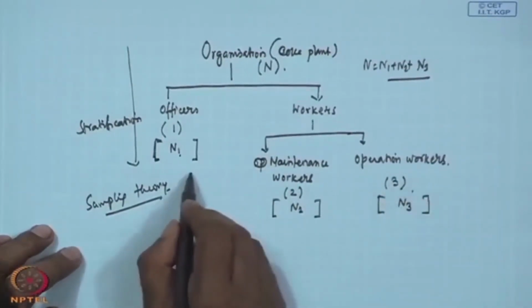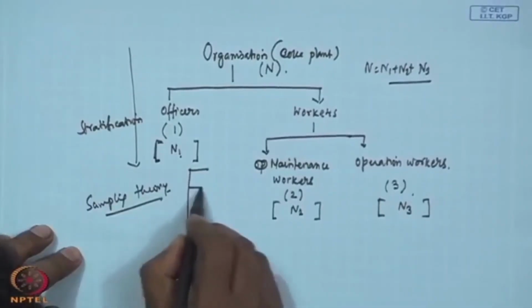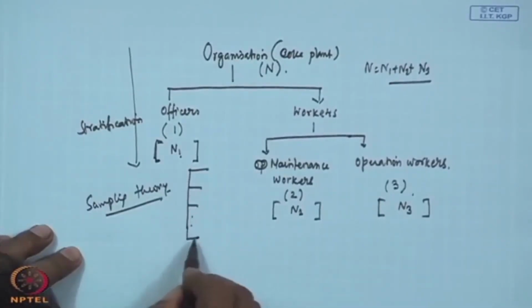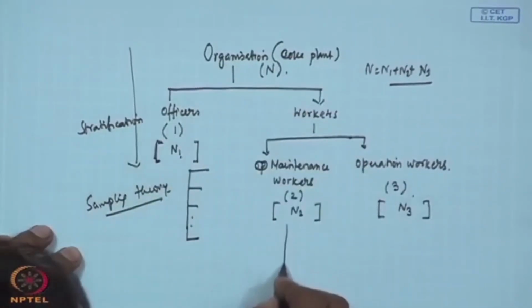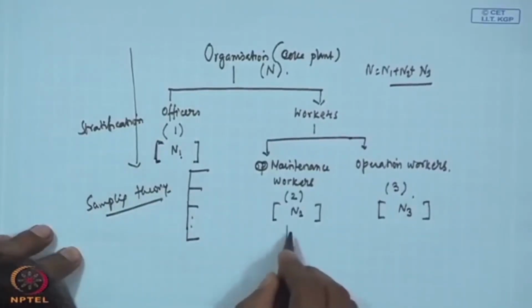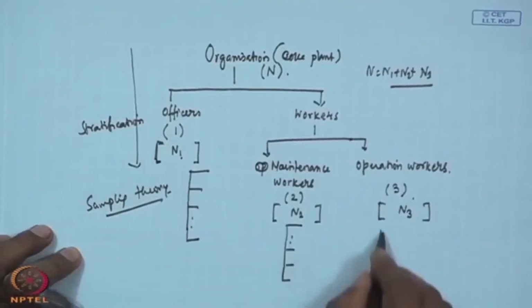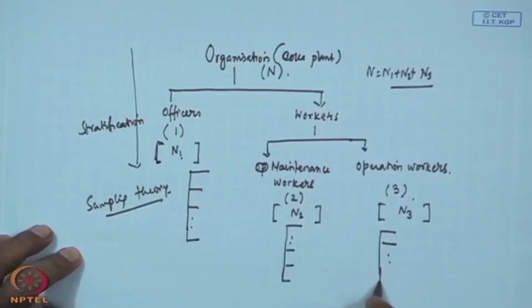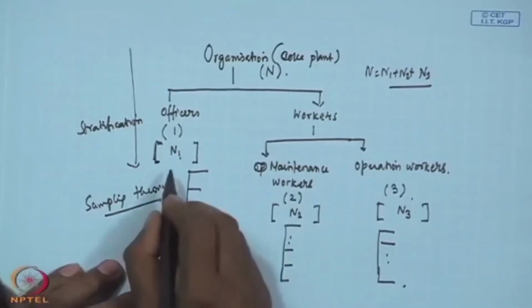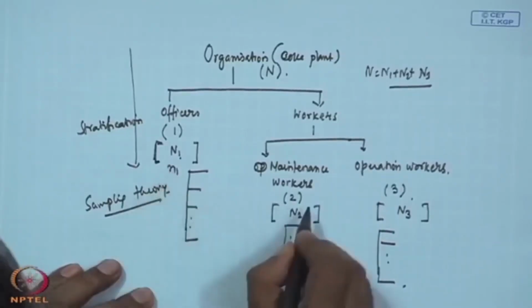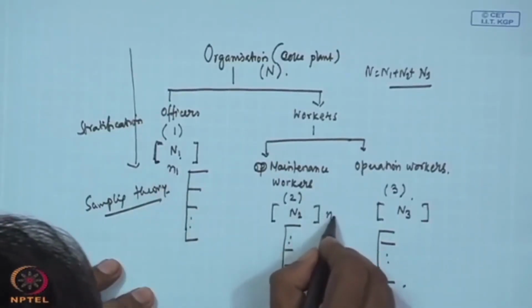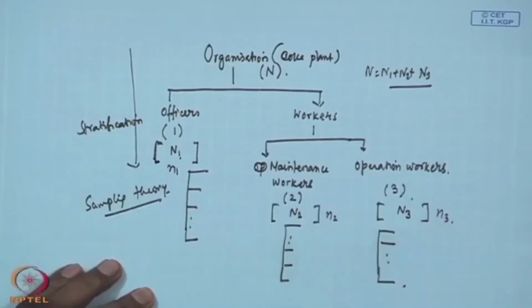So, again there are 7 factors, and you will be measuring 7 factors everywhere. So, how do you decide the sample size? What will be the N1 value, what will be the N2 value and what will be the N3 value? How do you decide?